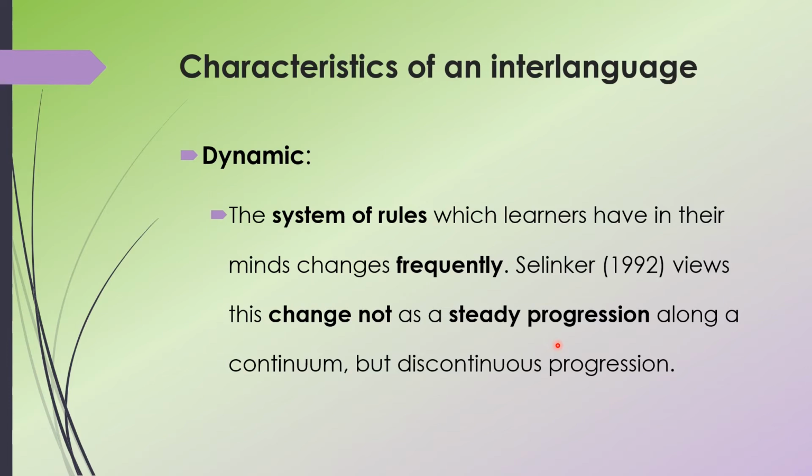For example, I might develop a wrong rule, which can be referred to as discontinuous progression. So maybe I did not develop the language, I had a lack of knowledge of the target language, I did not continue to learn about the target language. So that is the time the change can happen as well.